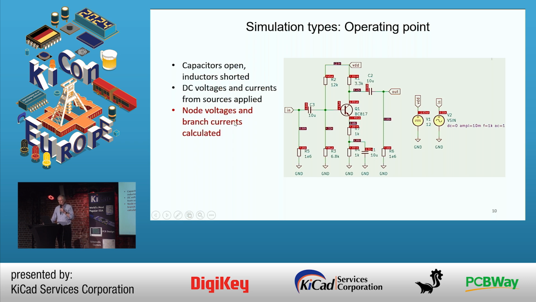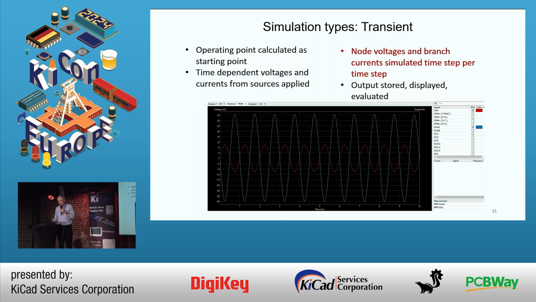It calculates all node voltages and branch currents. And these are all visualized here in the Eeschema simulator window. We will come back to that a little bit later. Well, operating point, so it's a DC thing.